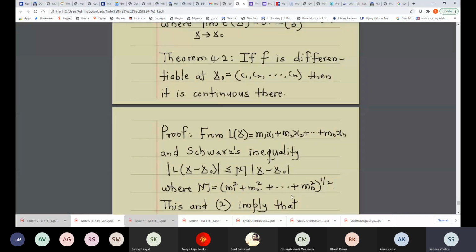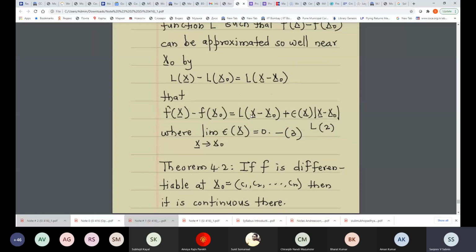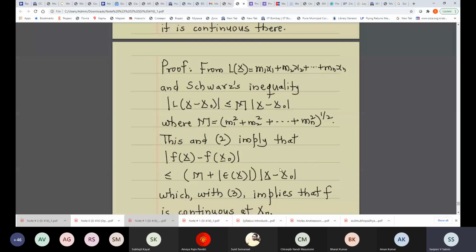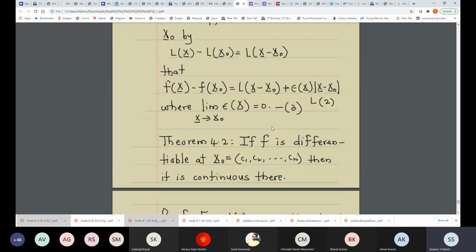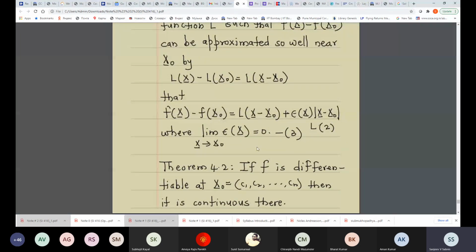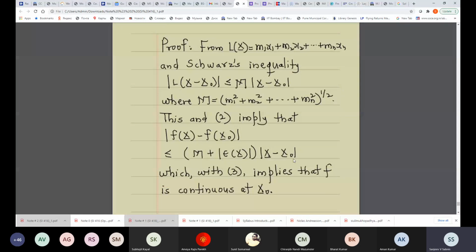And this and 2, now what is 2? This is numbered as 2 and this is numbered as 3. So this and 2 imply that this is less than or equal to m plus epsilon of epsilon x, the norm of x minus x naught, Euclidean norm, which with 3, again 3 is this, implies that.